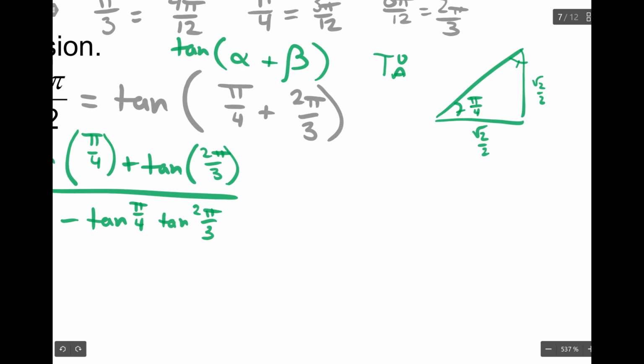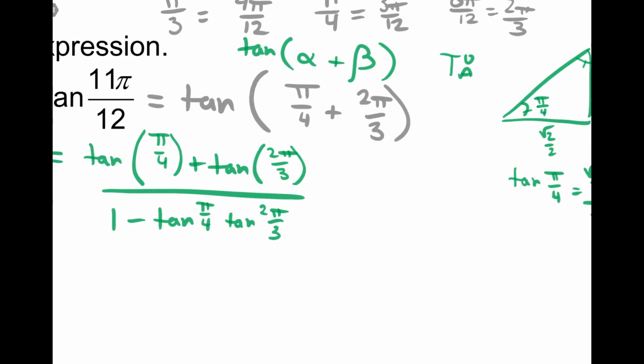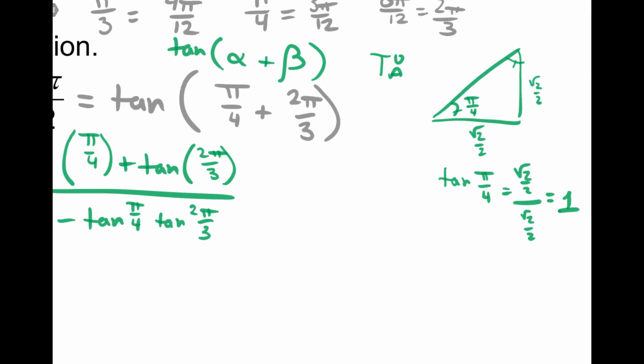If I do opposite over adjacent, tangent of pi over 4 is going to equal square root of 2 over 2 over square root of 2 over 2. Since I have the same thing on top and bottom, tangent of pi over 4 is equal to 1. That makes sense. At 45 degrees, my x and my y, my cosine and my sine, are the same value. So wherever it says tangent pi over 4, I'll plug in 1.